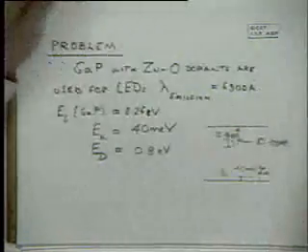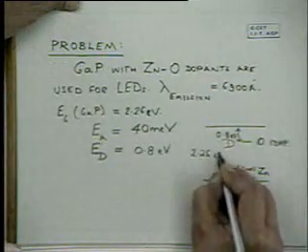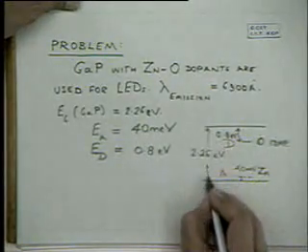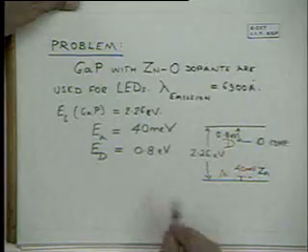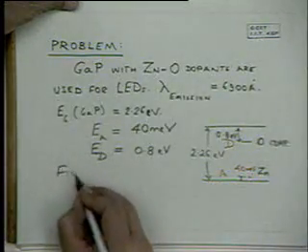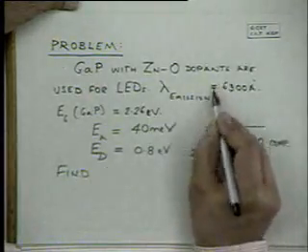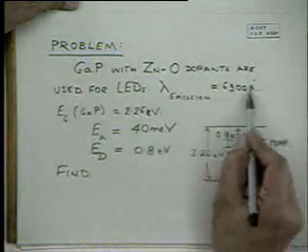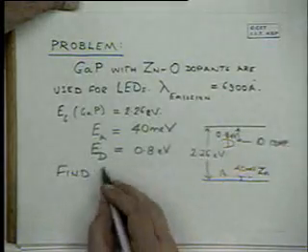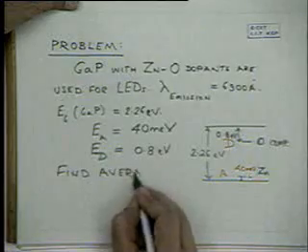Band gap is 2.26. And the question is, what is the average? Since I've given you just a broad emission wavelength, find the average donor acceptor distance.